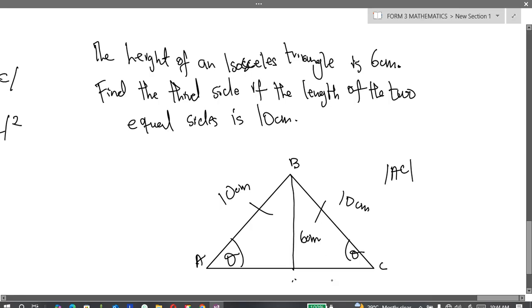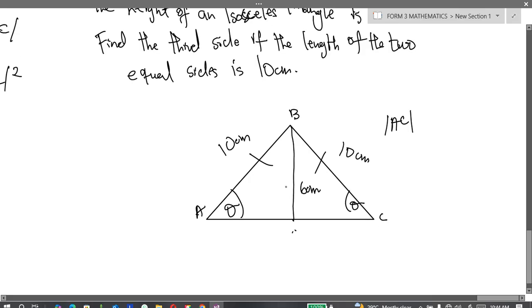So now, what are we going to do? We are going to pick triangle ABD, with D as the foot of the height. Whatever we get here will be the same for this side, because they have the same hypotenuse and the same opposite. So how are we going to find it? Quick, Pythagorean theorem.